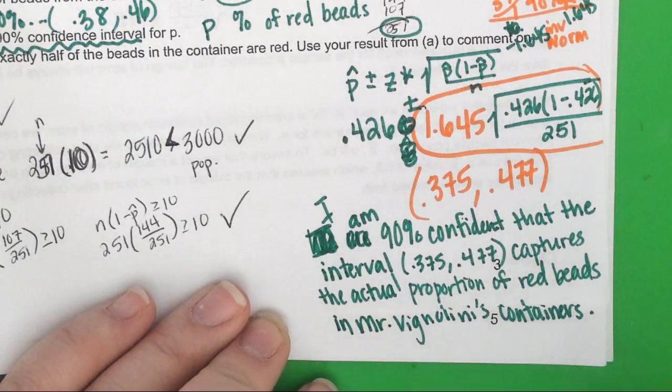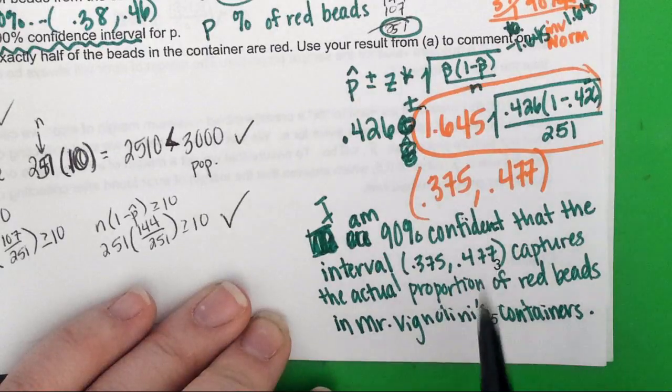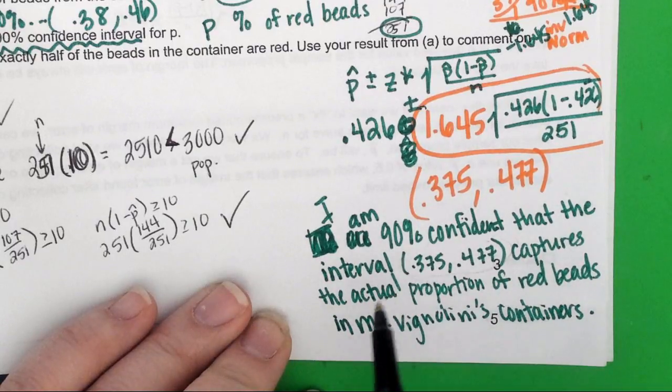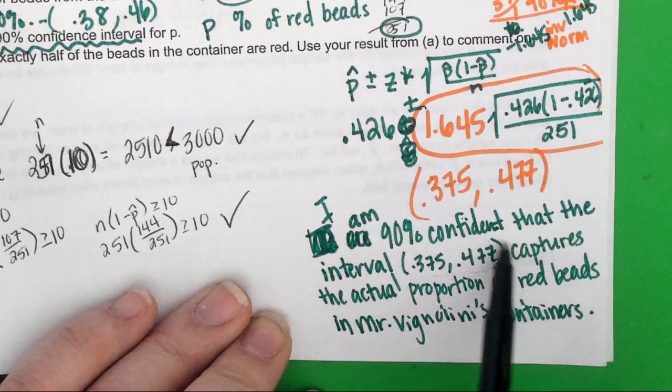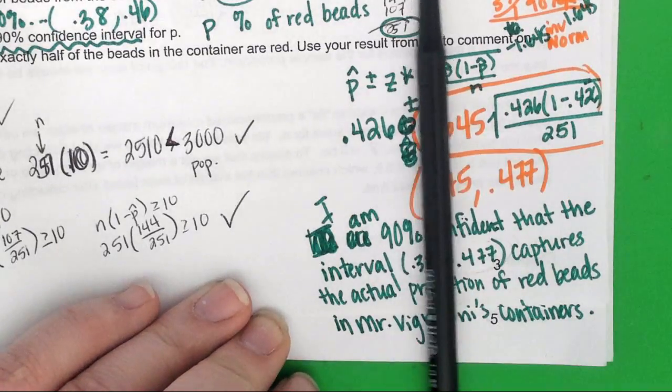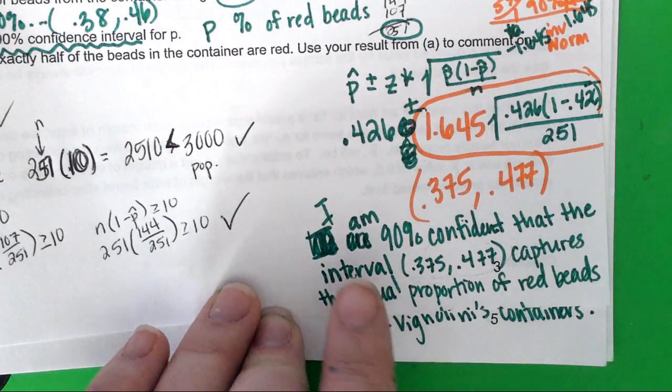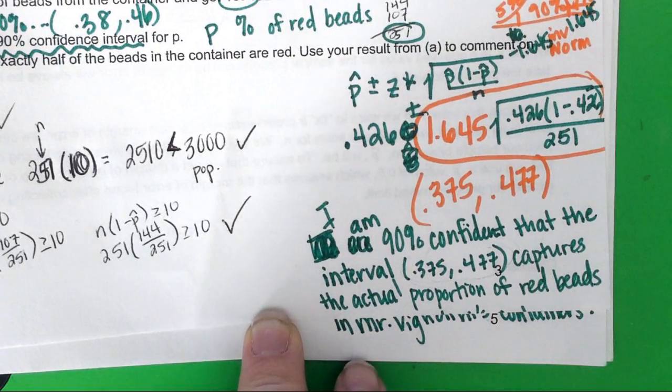Part B. Mr. Vignolini claims that exactly half the beads are red. Comment on this claim. Look at your range. No. He said 50%, exactly. So, no. Since 0.5 is not in our interval, I don't believe him.